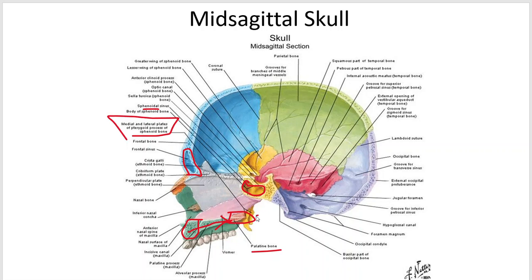So this one is closer to the midline, or this one is actually, we're looking through the midline. This one would be the medial pterygoid, and that would be the lateral pterygoid. That does have just about everything on our skull list.